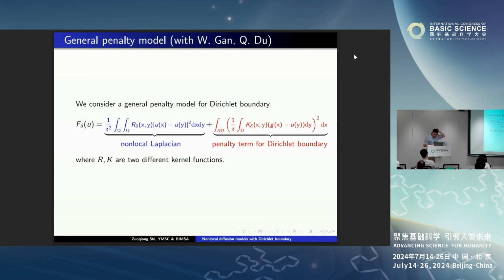Okay. Finally, let's take this discussion of the nonlocal model in another direction. In the previous part, we just improved the nonlocal model further to get a very good nonlocal model. But to get that very good nonlocal model, we need to very carefully design the kernel functions. So the other direction is as follows.